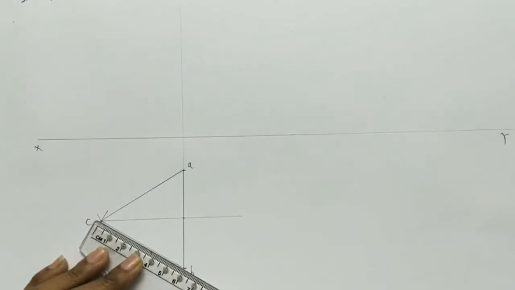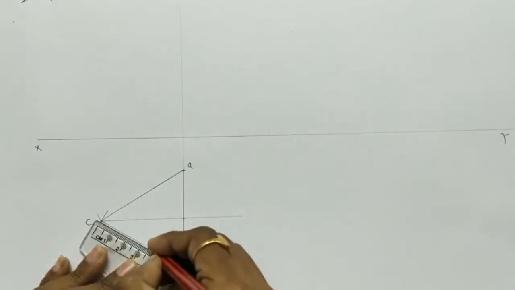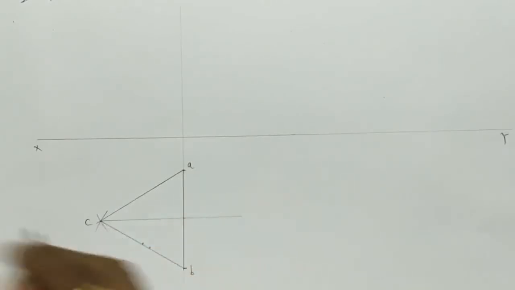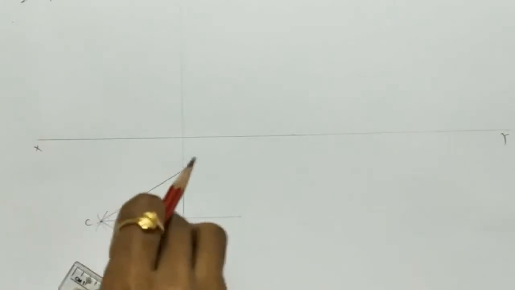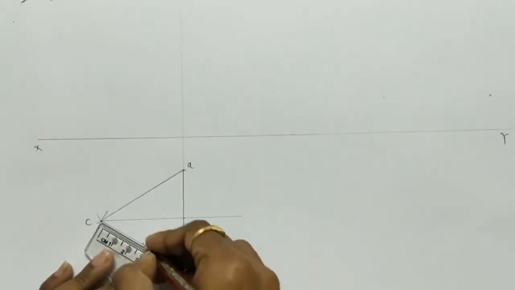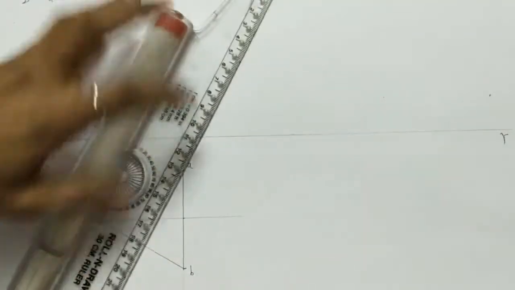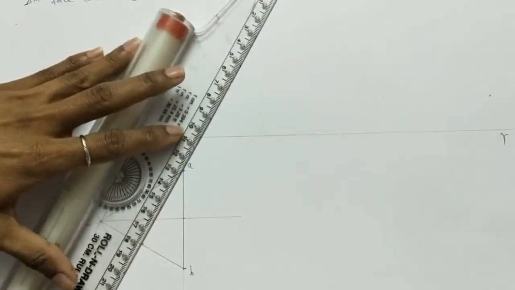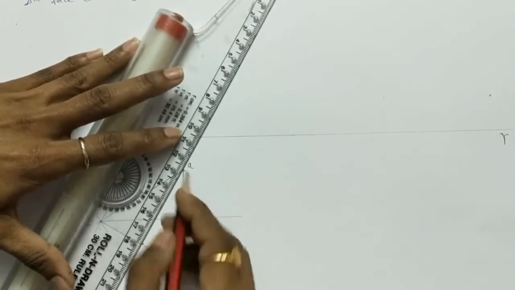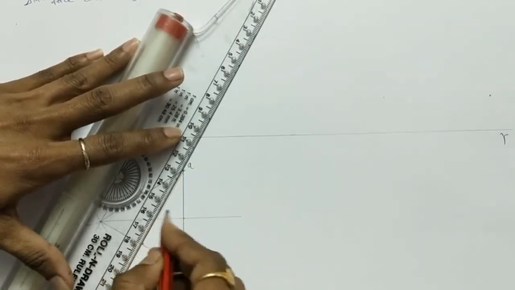Again measure the midpoint of this line, 30, and now join point A. So in this way we will get the center point of the tetrahedron.